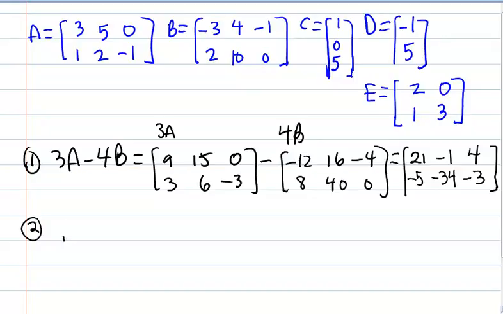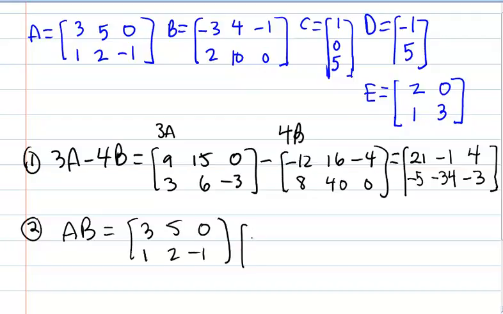Problem 2, I'm going to look at the product a times b. So a here is 3, 1, 5, 2, 0, negative 1, and b is negative 3, 2, 4, 10, negative 1, 0.